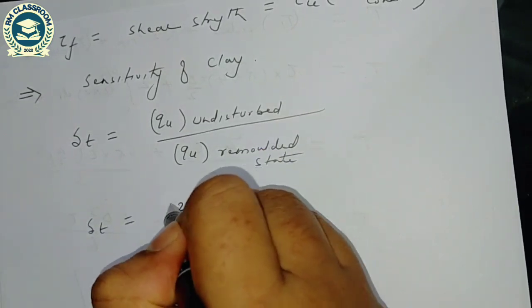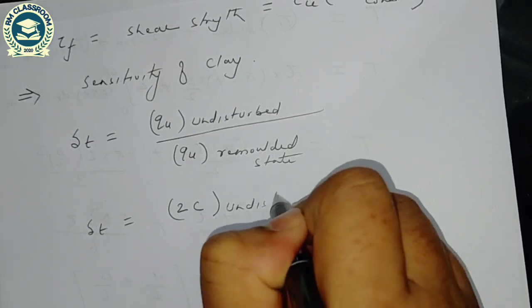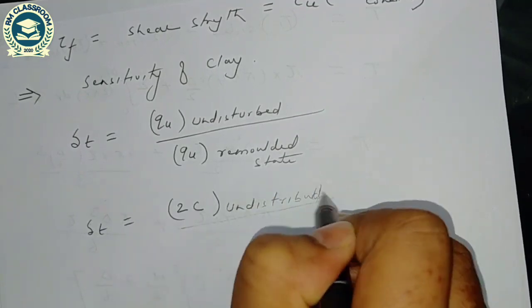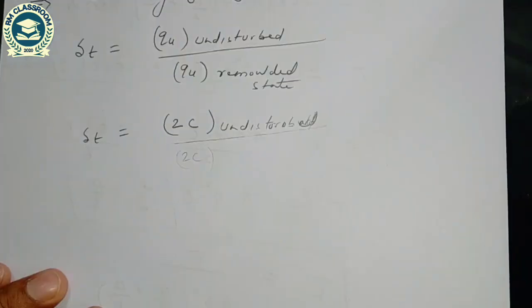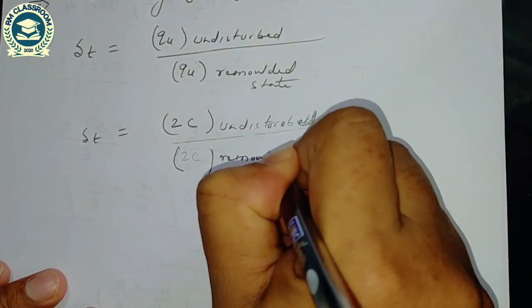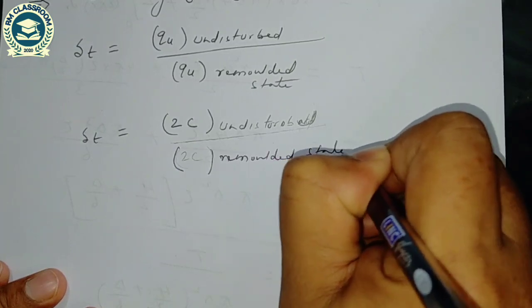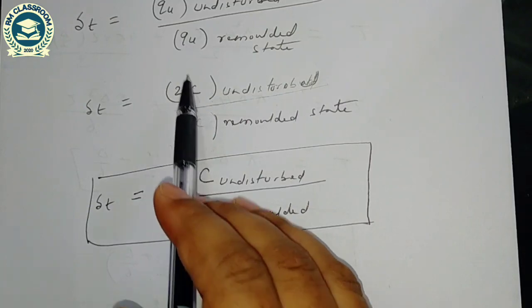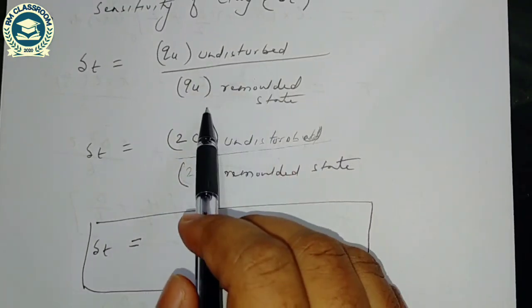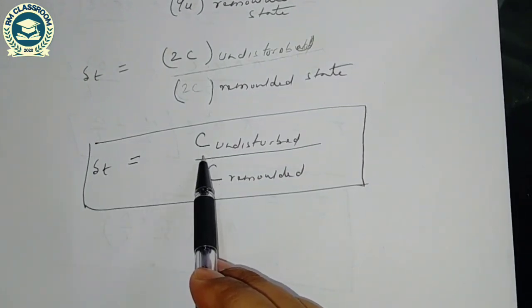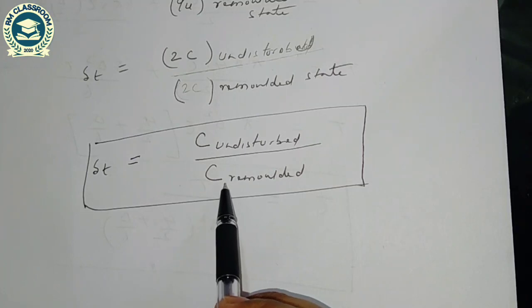And before that we have seen unconfined compressive strength is 2 times the undrained cohesive strength. So sensitivity is the ratio of unconfined compressive strength in undisturbed state by unconfined compressive strength in remoulded state, or undrained cohesion in undisturbed state by cohesion in the remoulded state.